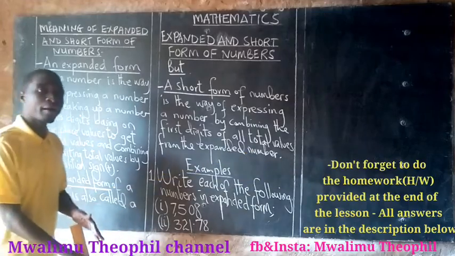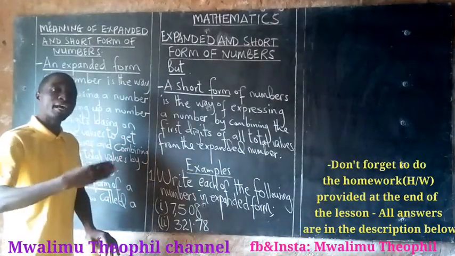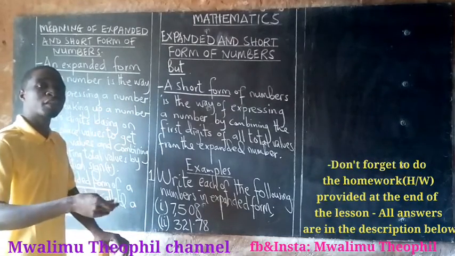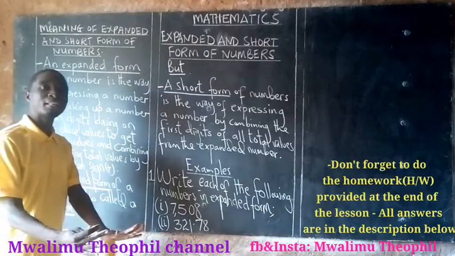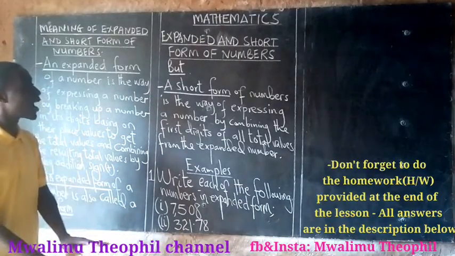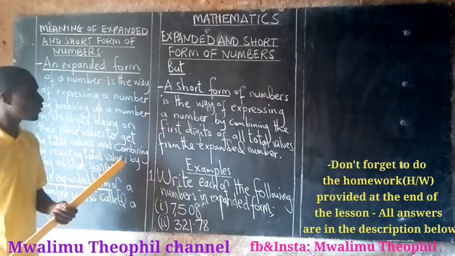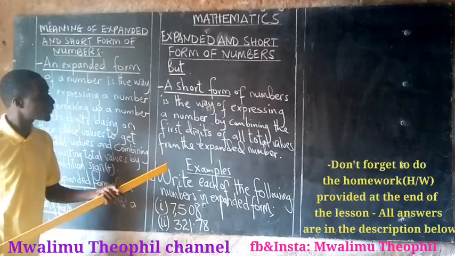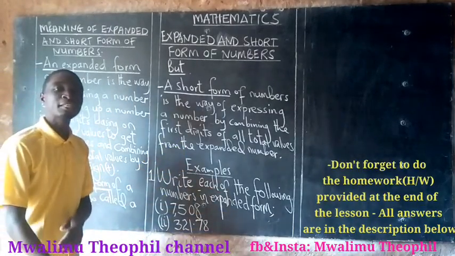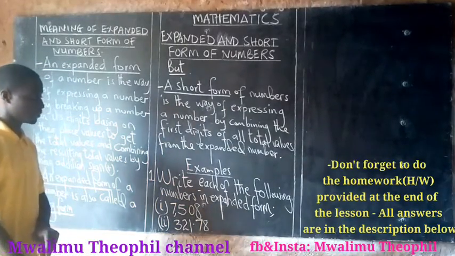When you have a number written in expanded form, you take the first digit from each total value and combine these first digits, and that is where we get the short form of a number. Now, let us see different examples showing the way we can write different numbers in their short forms and their long forms, I mean their expanded forms.